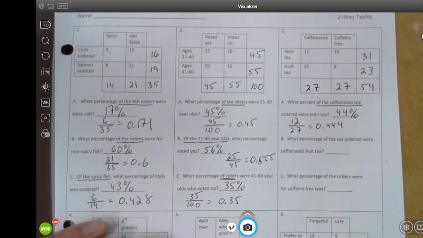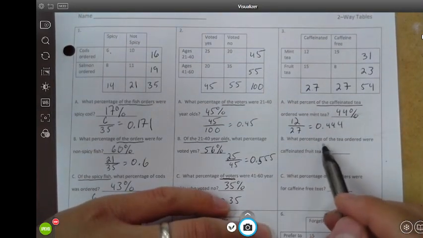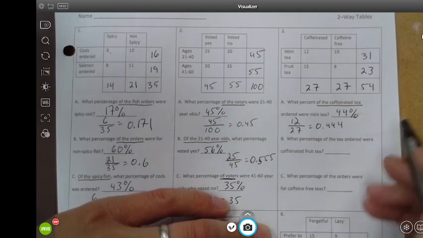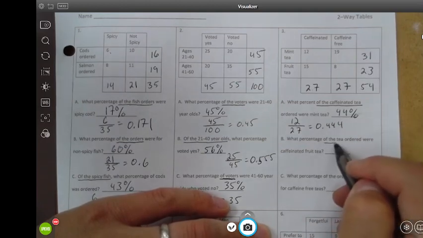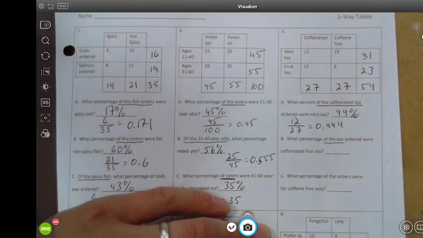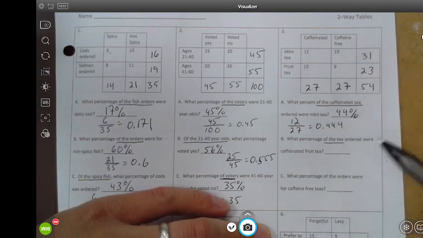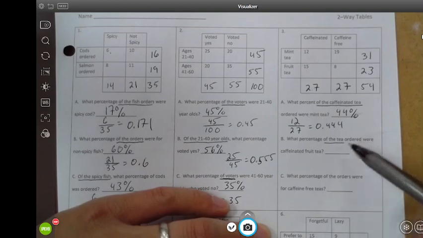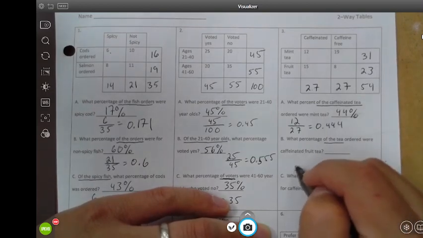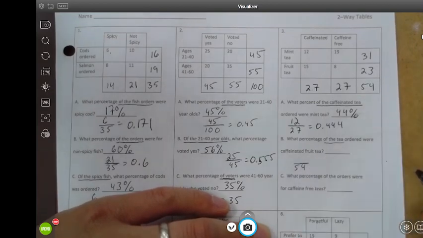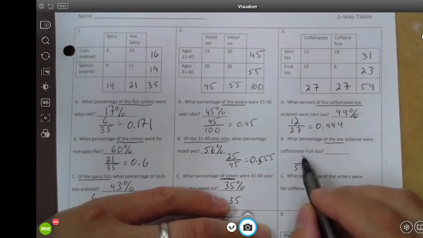All right, letter B, what percentage of tea ordered? Okay, so of tea. So it doesn't specify mint, fruit, caffeinated, or caffeine-free. Of all the tea ordered, right? What percentage of the tea that was ordered, so 54 is your total, were caffeinated fruit teas.